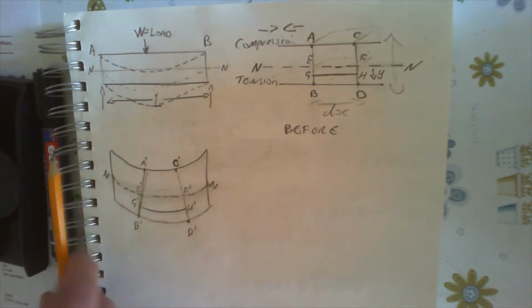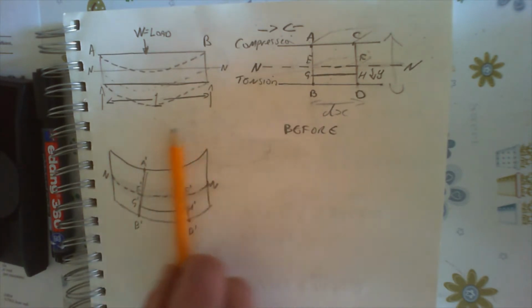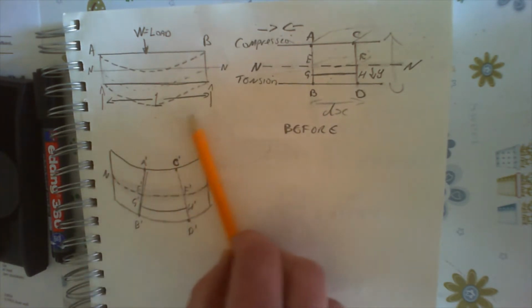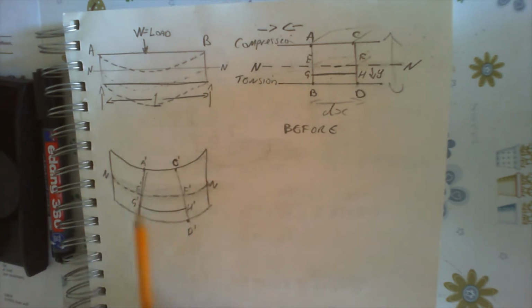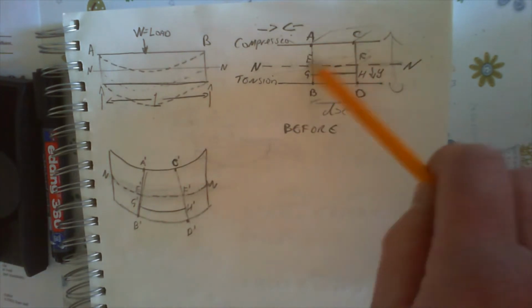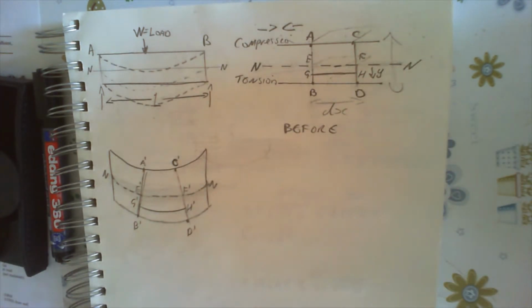What I must say is we are just looking at the elevation of this beam, the lengths here. We're not taking into account any of this area in the background here.